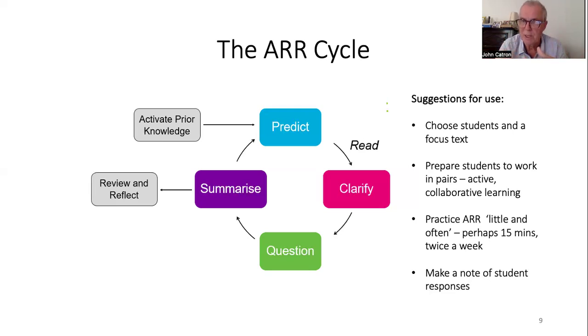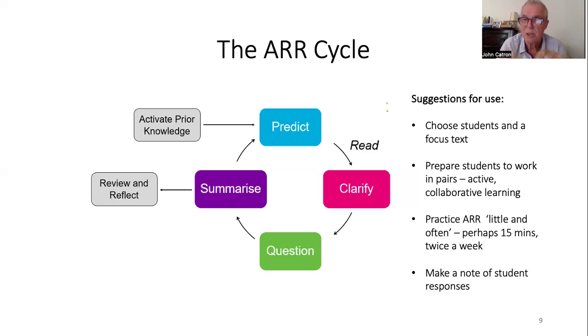When you finish the reading, ask students which words they didn't understand, because it's very important that you explain these words before you ask them any comprehension questions. So, activate prior knowledge, predict, read, clarify, and then question.